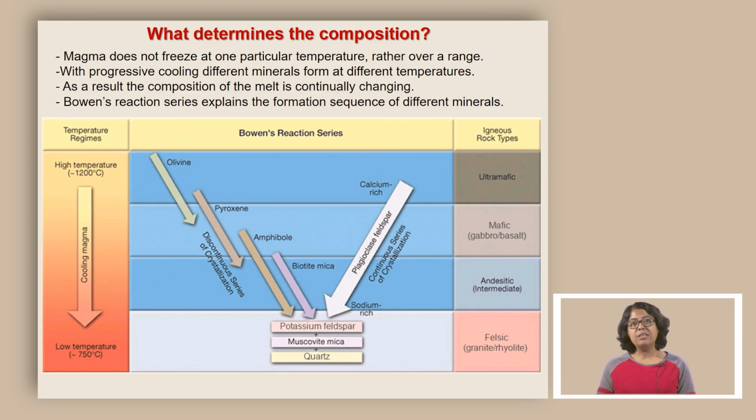It progressively crystallizes and settles at the base of the magma chamber as the magma cools. That is a very important concept to remember, because it heavily controls how the magma can produce different kinds of rocks.